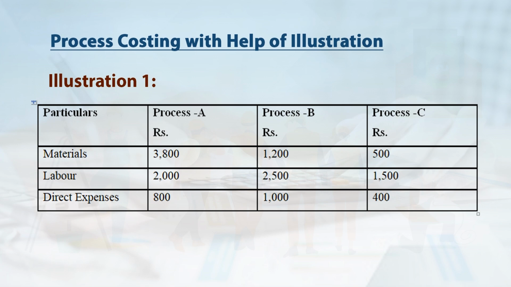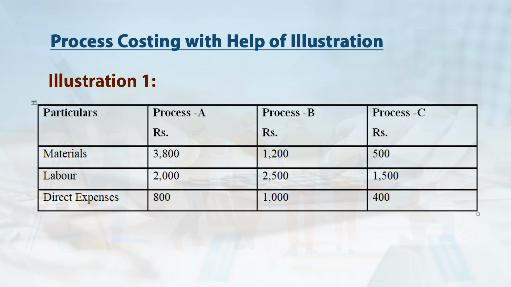Material cost for process A is rupees 3800, for B 1200, for C rupees 500. Labor cost for process A is rupees 2000, for process B rupees 2500, for process C 1500.